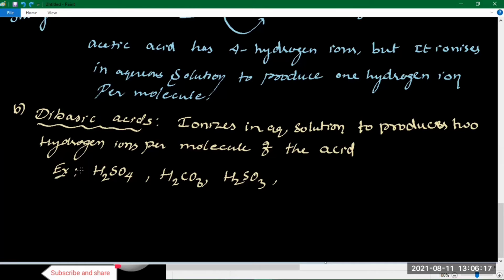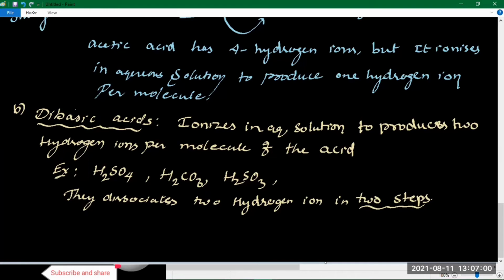You're supposed to remember that these acids undergo dissociation in aqueous solutions to produce 2 hydrogen ions in 2 different steps.